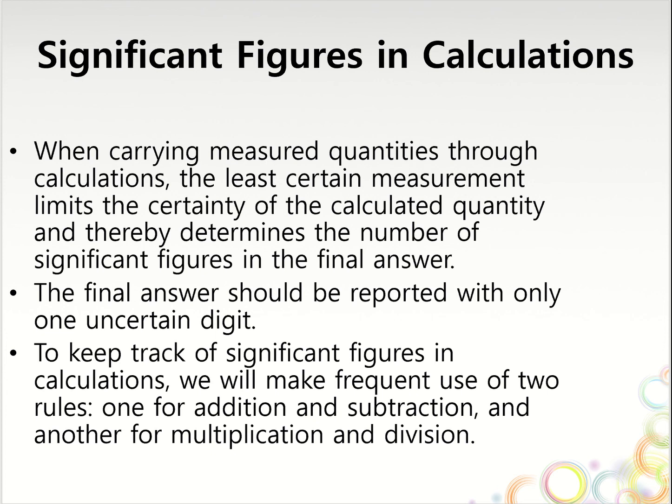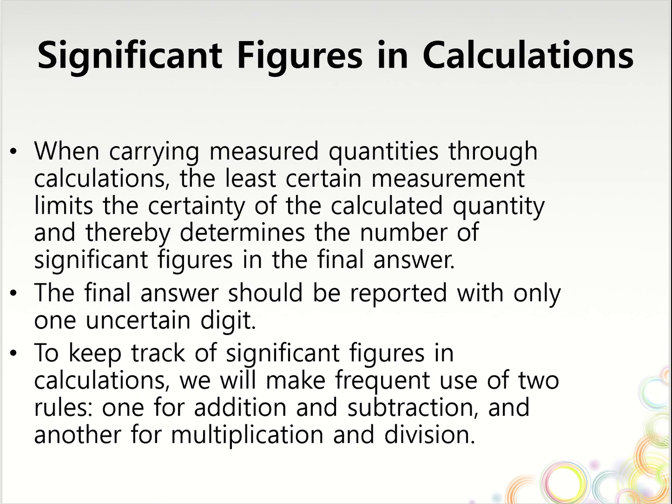So when carrying measured quantities through calculations, the least certain measurement limits the certainty of the calculated quantity and thereby determines the number of significant figures in the final answer. So the final answer should be reported with only one uncertain digit. And don't worry if you don't get it yet, you will.